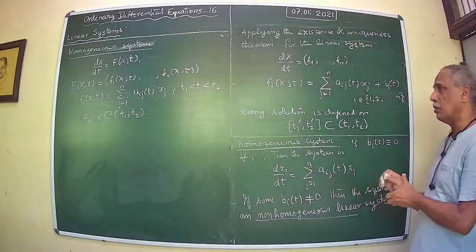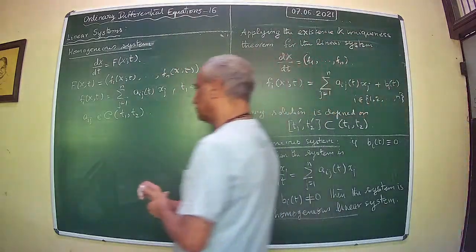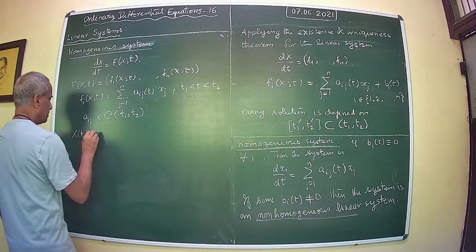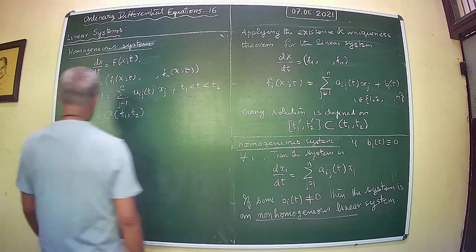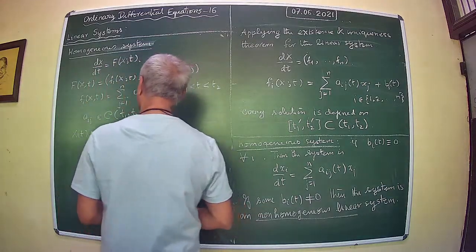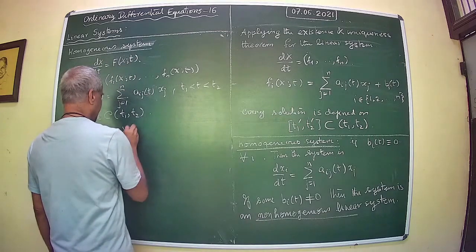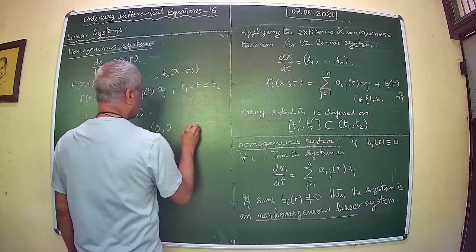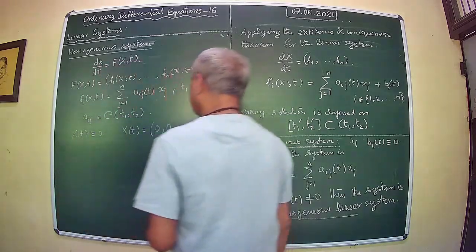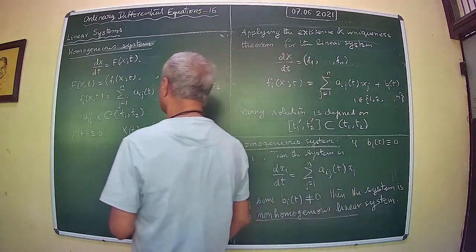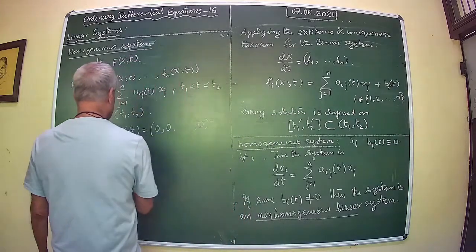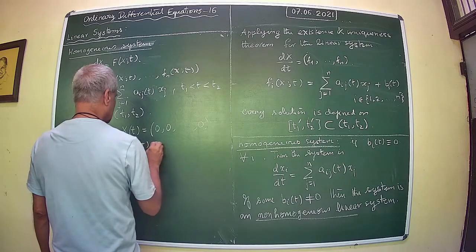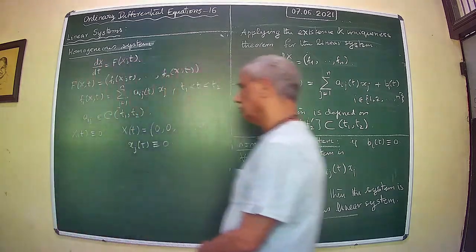Now we make some observations. What is x(t) identically equal to 0? It is x(t) given by x1(t) equal to 0, x2(t) equal to 0, etc., identically equal to 0.